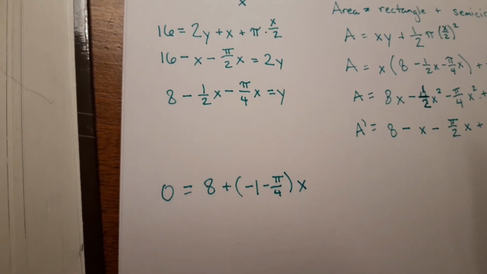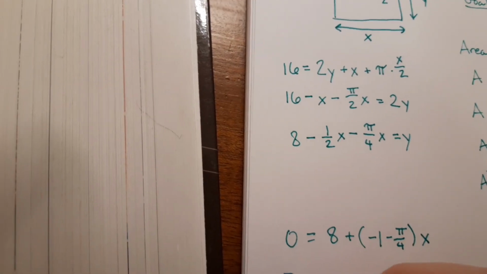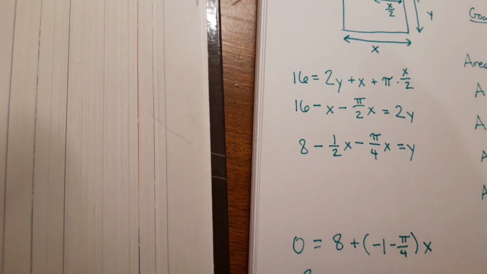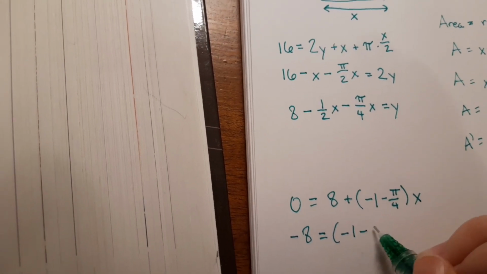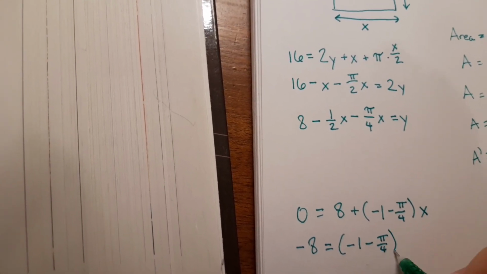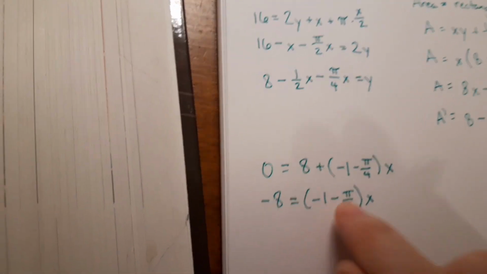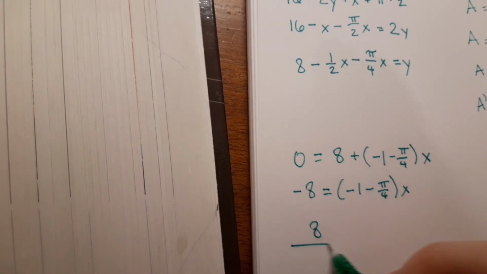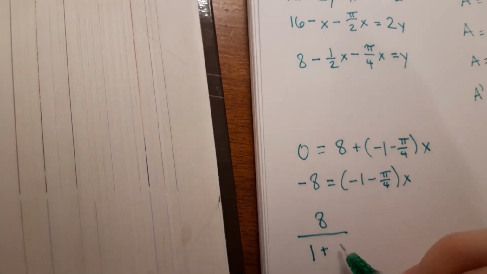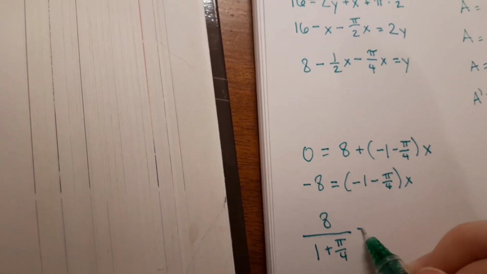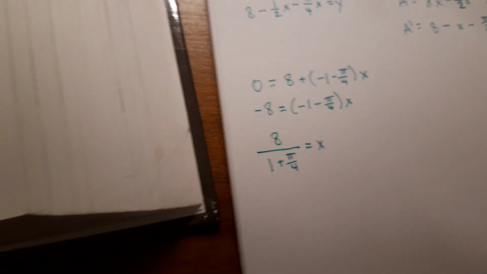And so then, let's subtract 8 to the other side, and you have minus 1 minus pi over 4 times x. And then if we divide negative 8 by this, you end up with positive 8 over 1 plus pi over 4 is equal to x. All right, so this is our potential.